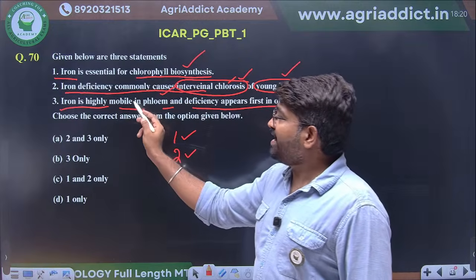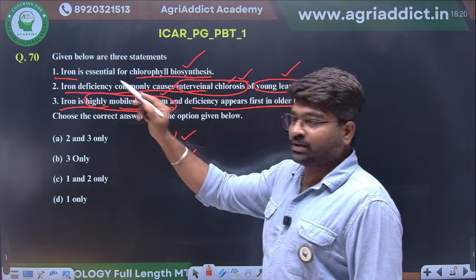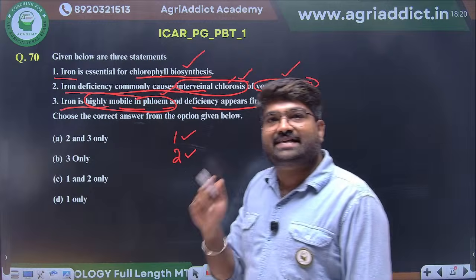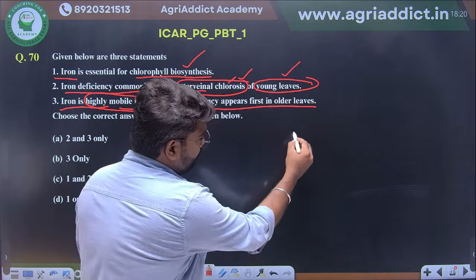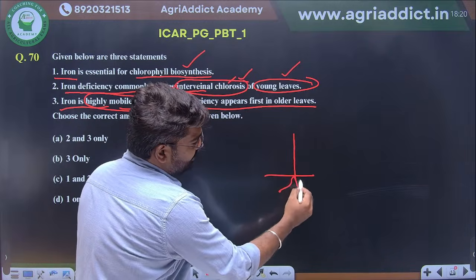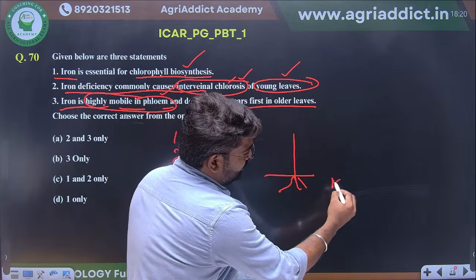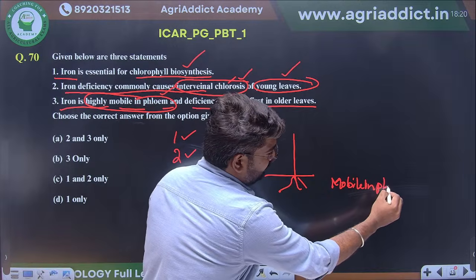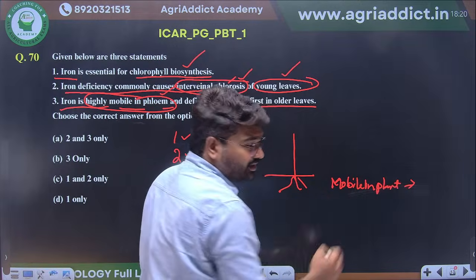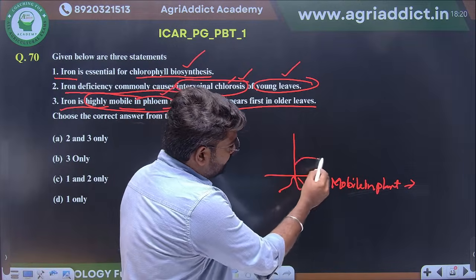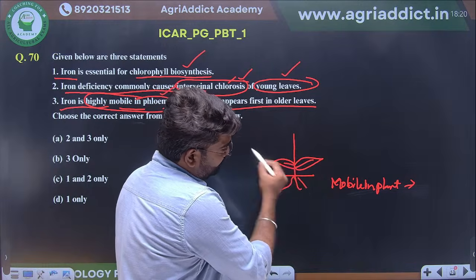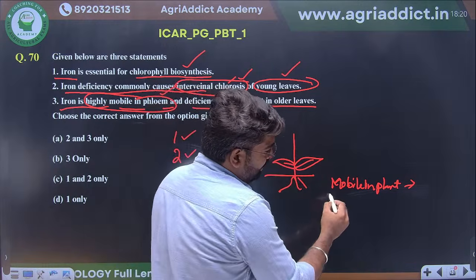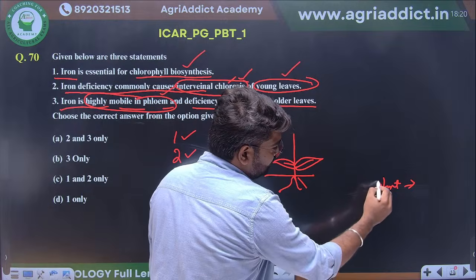Then they are giving that iron is mobile in phloem. Yesterday in class we saw that if a mineral nutrient is mobile in the plant, then the deficiency symptom will appear in older leaf.